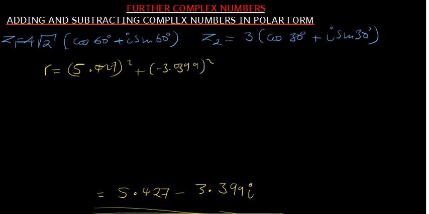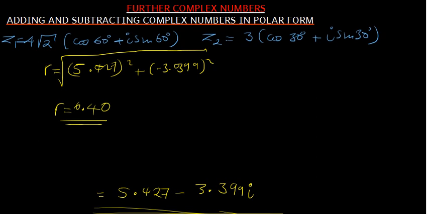We also square it and then take the square root. So 5.427 squared plus the other one squared, square root. So r is giving me 6.40. This is the value for r.